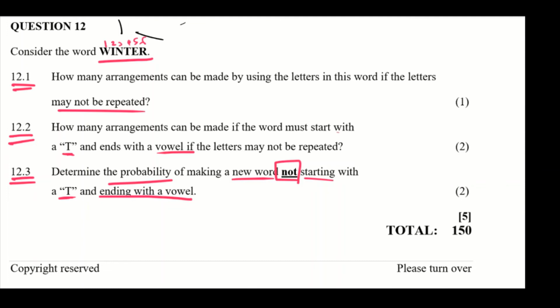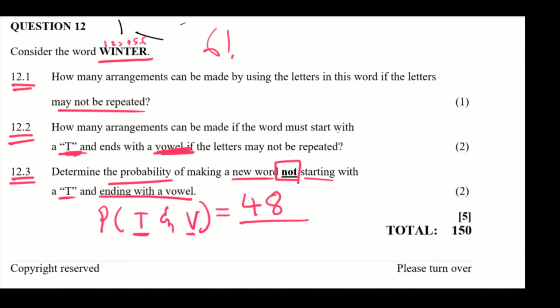So let's first find the probability that it starts with a T and ends with a vowel, right? In the previous question, we started with a T and ended with a vowel, and we found the solution to be 48. If we find the probability, it's going to be 48 divided by the total number of arrangements of letters, which is 6 factorial.